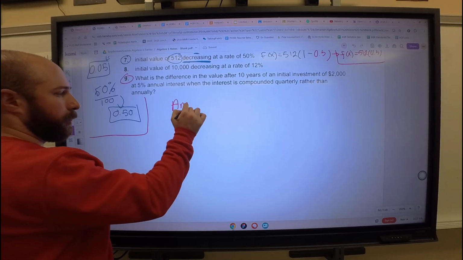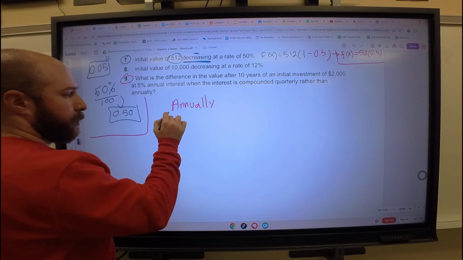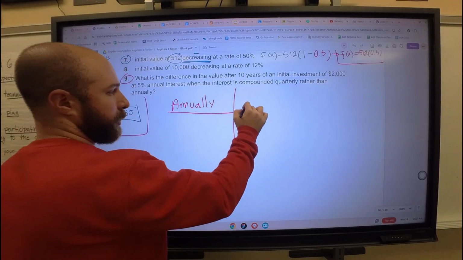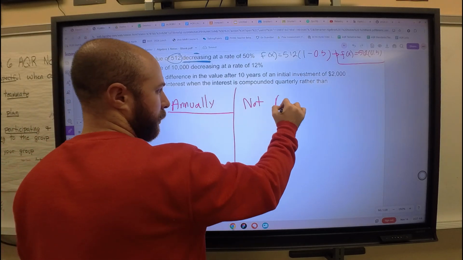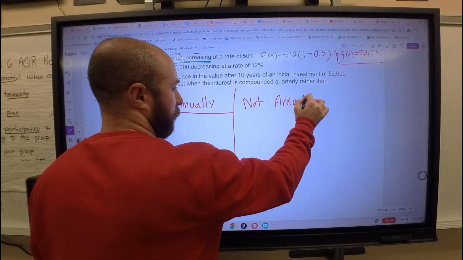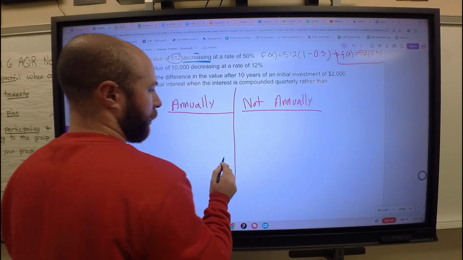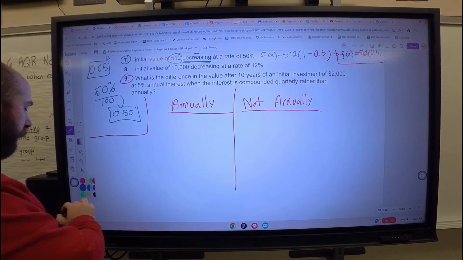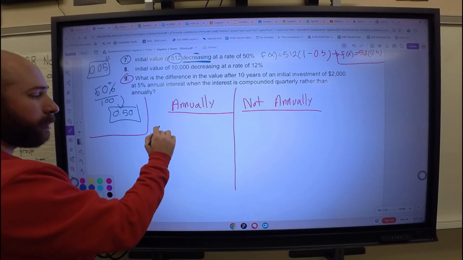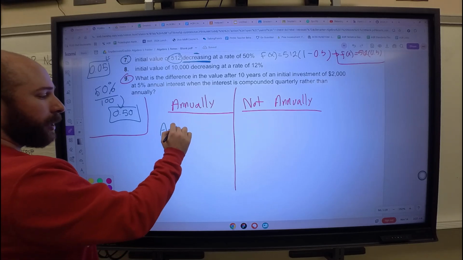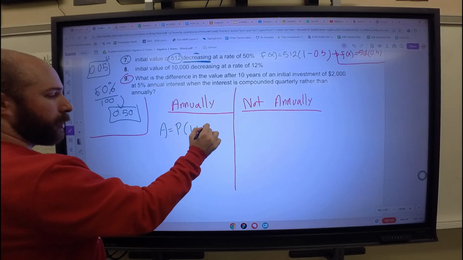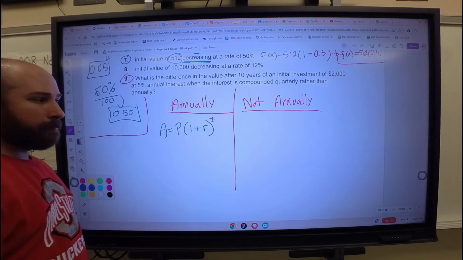So let's look at annually versus not annually. So with annually, we are actually using the exact same function we've used this whole time. A equals P times 1 plus r to the t.